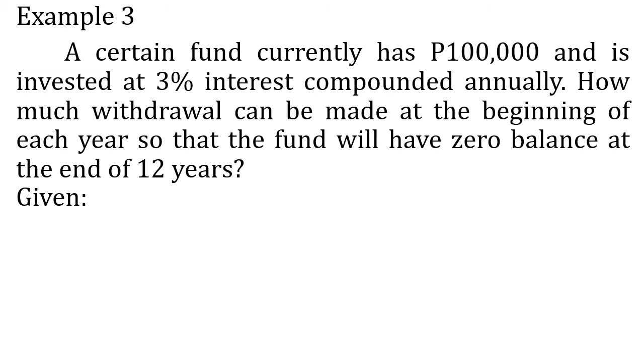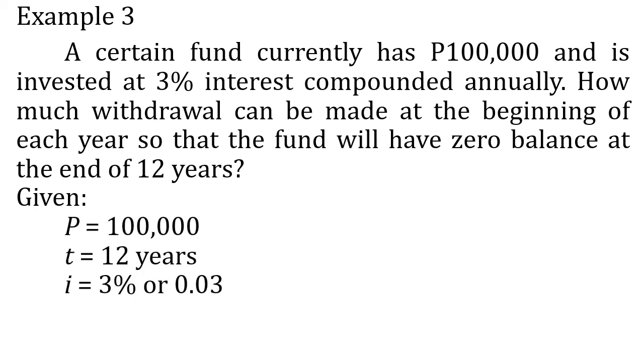That's the present value. The problem is asking for how much withdrawal can be made at the beginning of each year, so a regular withdrawal. That's R. P is 100,000. T is 12 years. I is 3% or 0.03. M is equal to 1 because it is yearly.